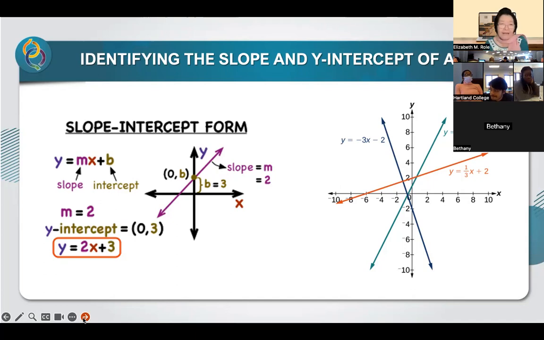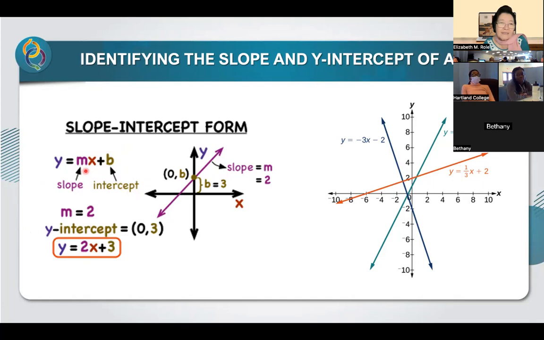So if I have an equation of the form y is equal to mx plus b, then your m, which is the coefficient of your x, is your slope. And the constant is your y-intercept. Why is it the y-intercept?